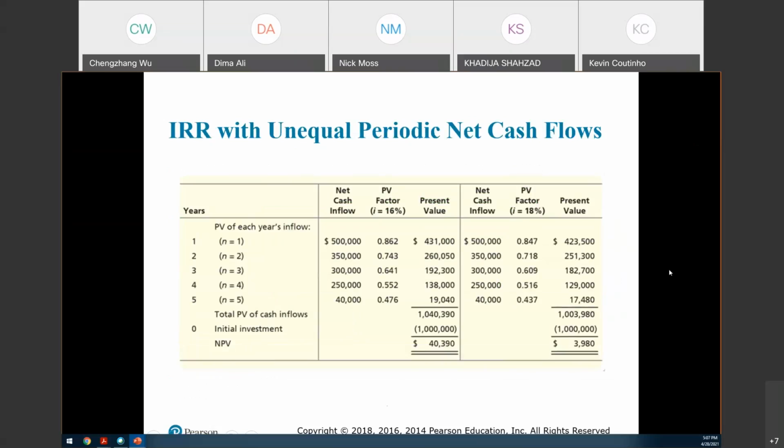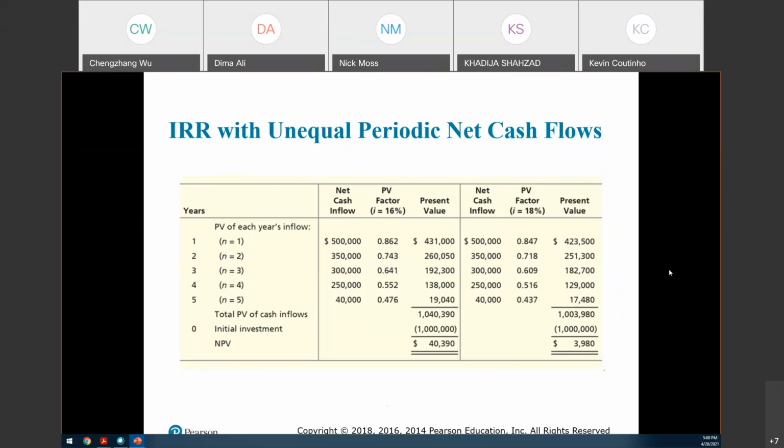So what if we have unequal periodic net cash inflows? Because the desktop project has unequal cash inflows, the company cannot use the present value of ordinary annuity $1 table to find the asset's IRR.